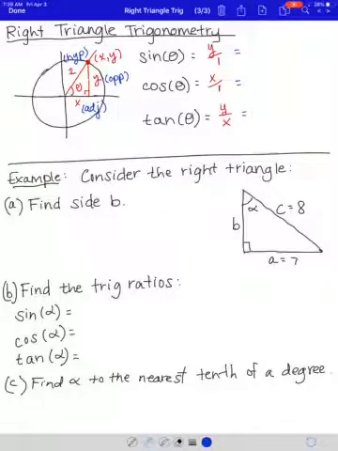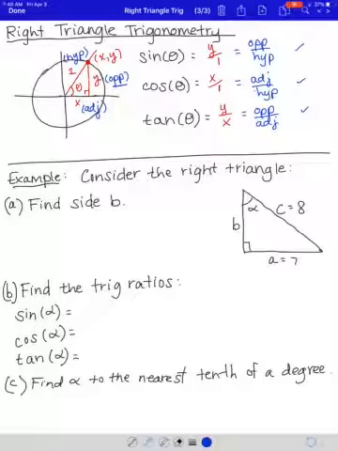Y over 1 is the same as opposite over hypotenuse. Similarly, x over 1 is the same as adjacent over hypotenuse. And y divided by x is opposite over adjacent. So we can define sine, cosine, and tangent in terms of these ratios instead.